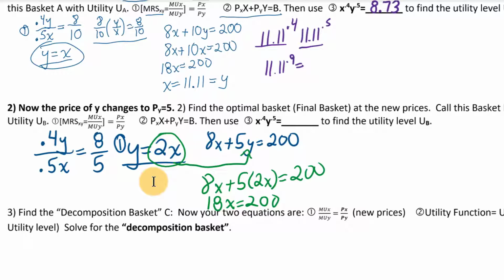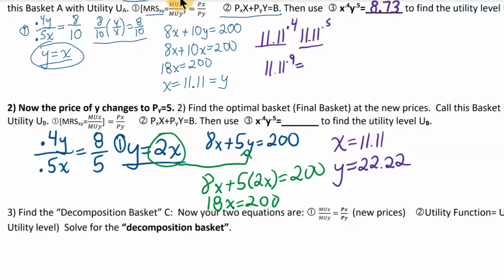See, isn't this looking exactly like what we did before? 18x equals 200? Yes, because as expected, this is a side effect of the Cobb-Douglas utility function. X is going to be equal to 11.11 as usual. But now, since the price of y has decreased, this person's going to buy 2 times that much y. The law of demand is in effect. Y equals 22.222222.